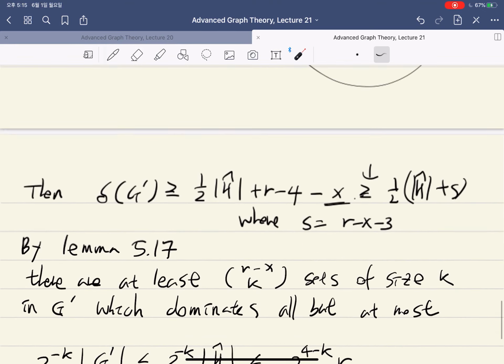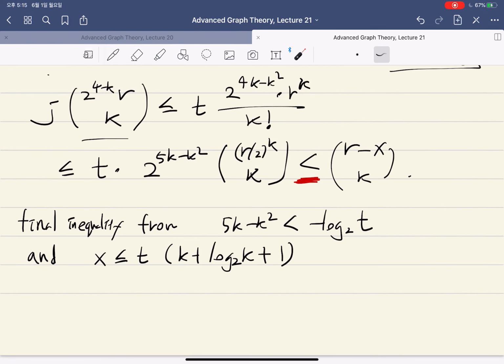So there are at most j of them, and j is at most t. So we get this inequality, and we can actually make sure that this is at most, say, a times t times square root of log k. And we can show that this is at most r over 2.